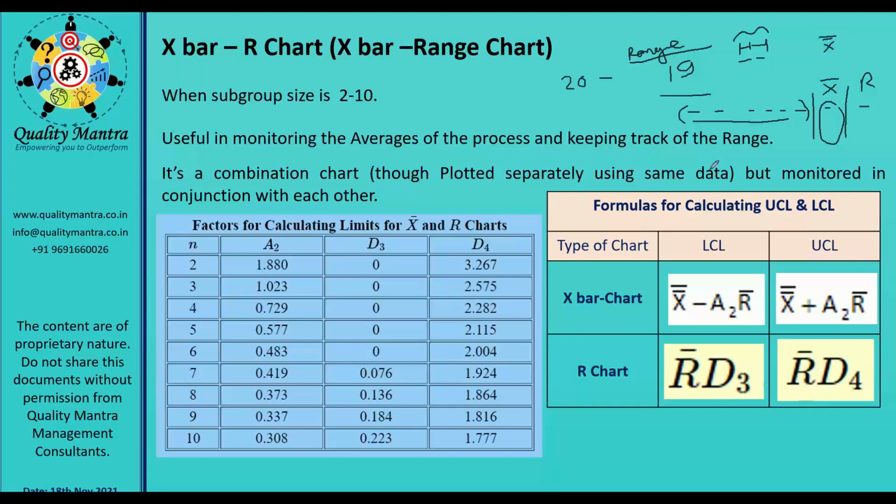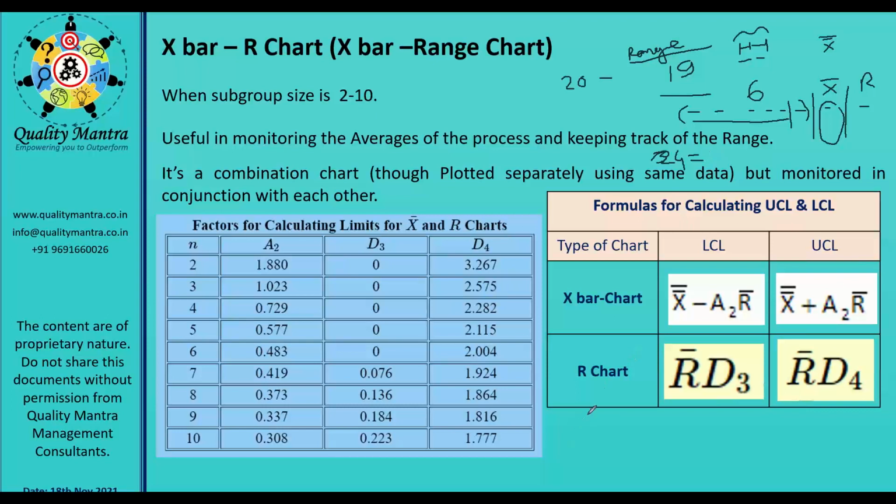So for example, if you are collecting a subgroup of 6, your subgroup size is 6, and every hour you are taking 6 readings, so 24 hours. How much data will you have in a day?